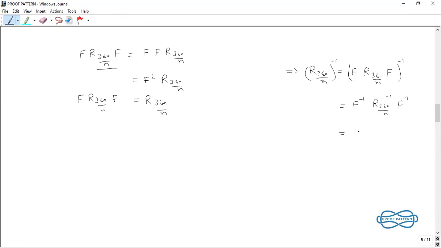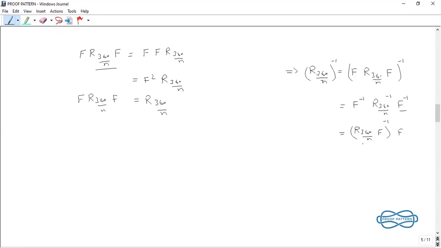Okay, and this can be written as r^(360/n) into f inverse, and this f is the inverse of itself.